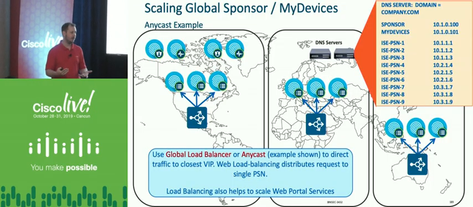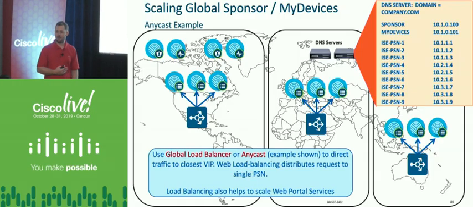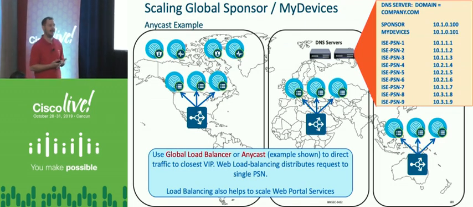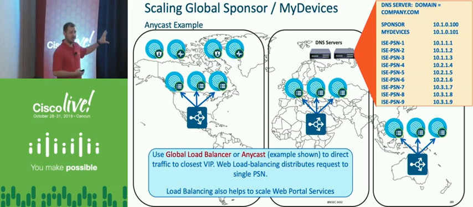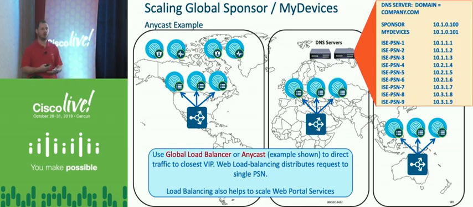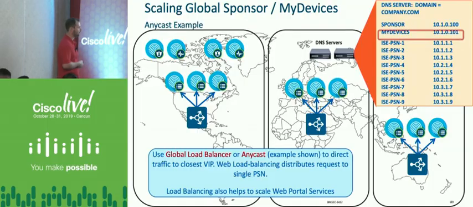If you haven't read up on Anycast, it's going to come up quite a bit in this presentation. It's kind of your homework. Go back and read some articles on Anycast because it is a more common technique to allow for global redundancy and global scaling without having to have that external load balancer to do it for you.